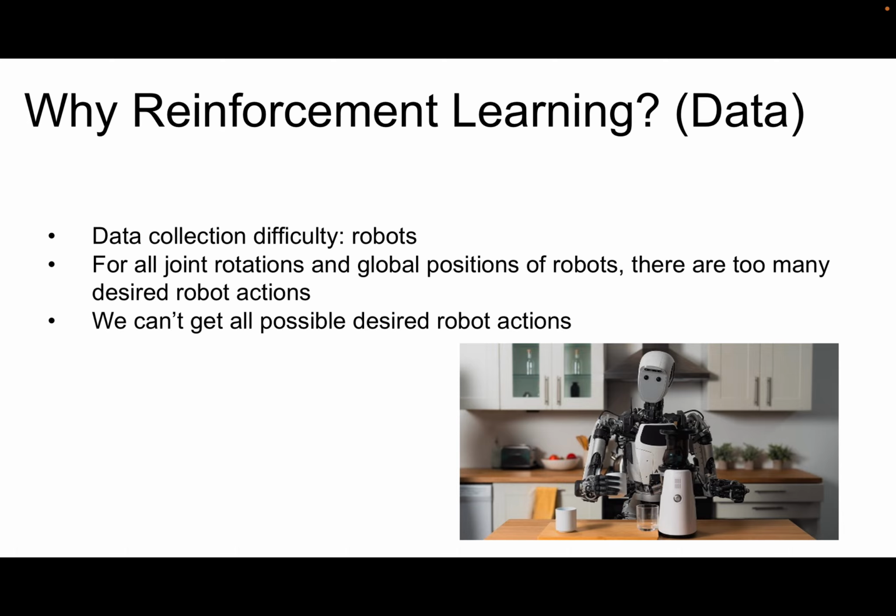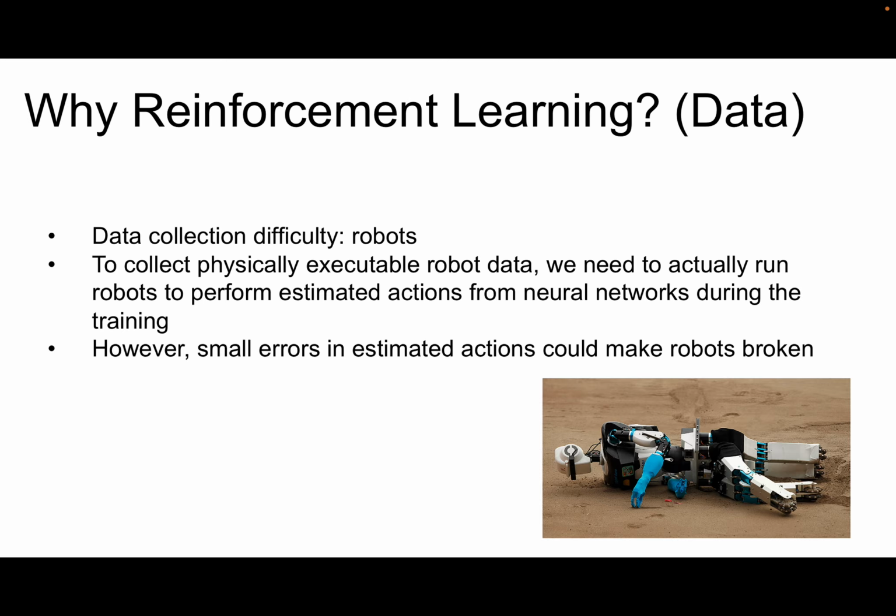But with robots, it is so much more difficult. For all joint rotations and global positions, there are too many desired robot actions. It is the same as the previous example, but the important thing is that robots must move in real-world physical space. To collect physically executable robot data, we need to actually run robots to perform actions estimated by the neural network during training. What this means is that we train some neural network, let the robot perceive the current situation, and then do something based on that perception.